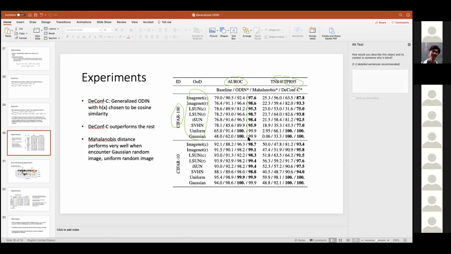The last column is generalized ODIN, and the first three columns are the baselines I just introduced. We can see that in most cases, generalized ODIN outperforms the rest. But we can see that for the case of uniform random images and Gaussian random images, Mahalanobis distance performs very well.